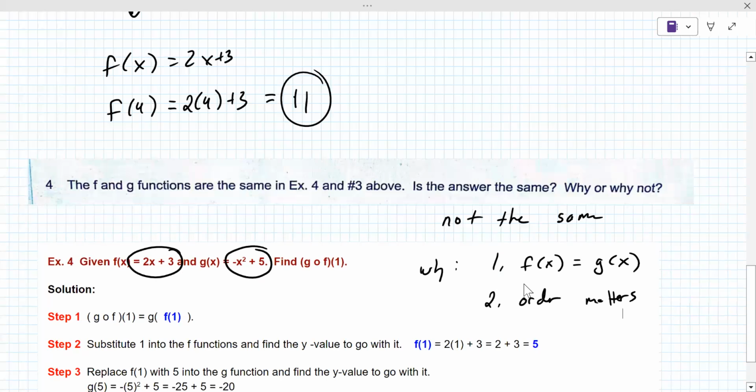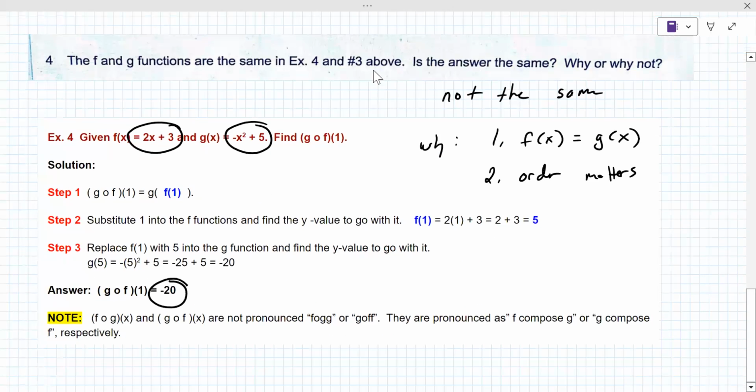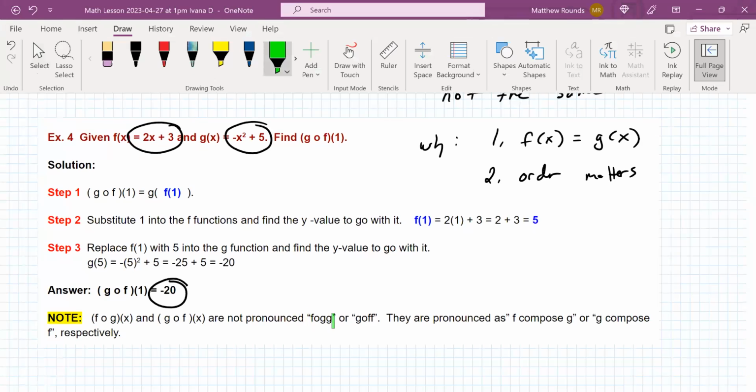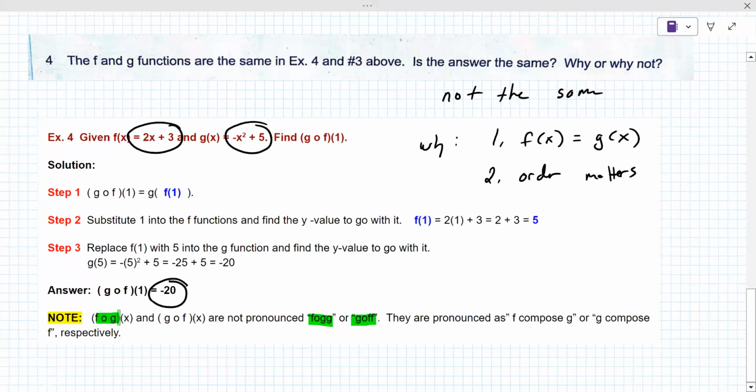I don't know if this is exactly what the instructor wants, but we can try that for this. Let me know if you need more explanation than that. No, I'm good. The one other little thing I was mentioning earlier is the pronunciation of fog and goff. That's referring back to f of g and g of f, fog and goff.